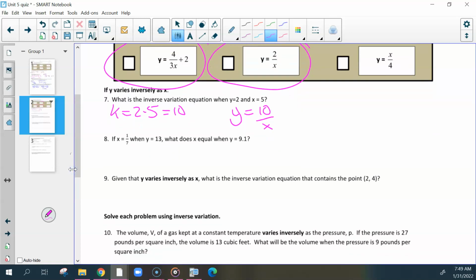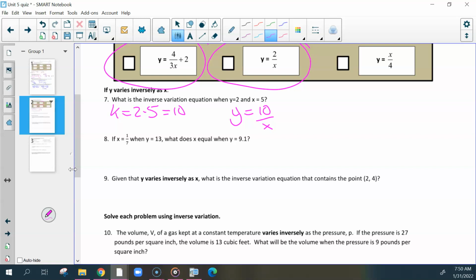This one was probably the most problematic one I saw because of the x value being a fraction. I think the easiest way is if you set it up as an equation. Remember that these are not proportions, but equations.